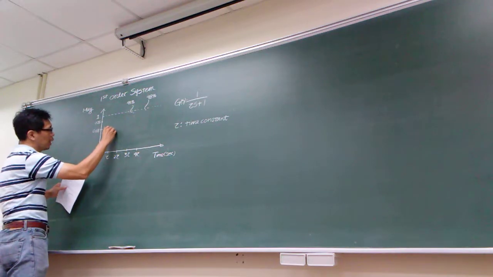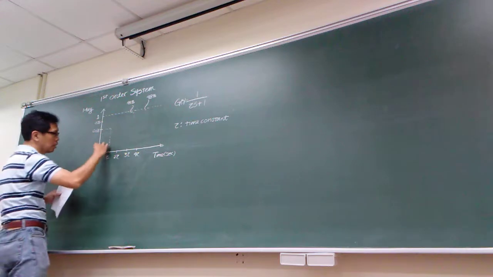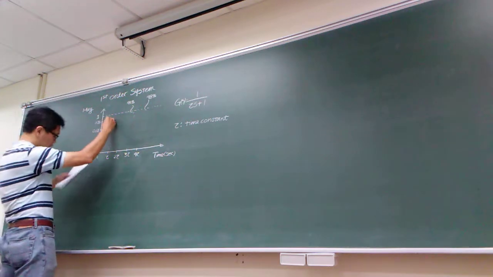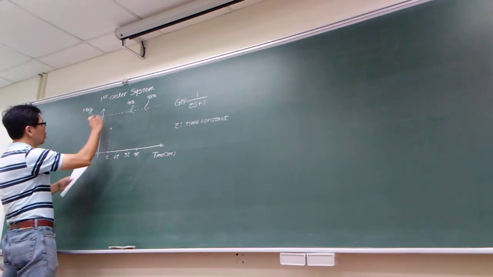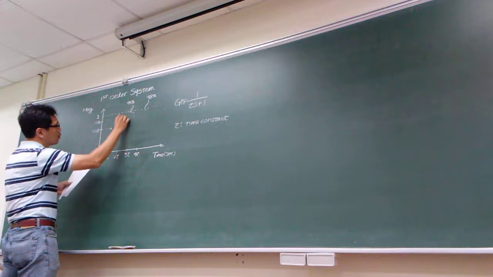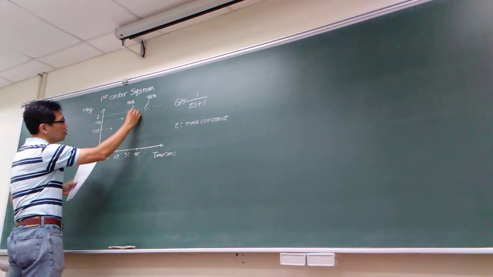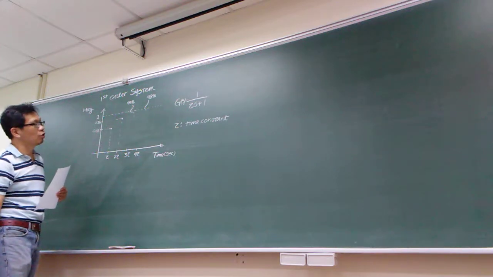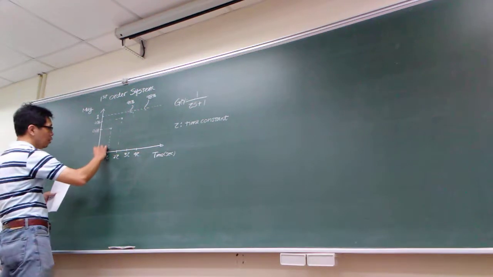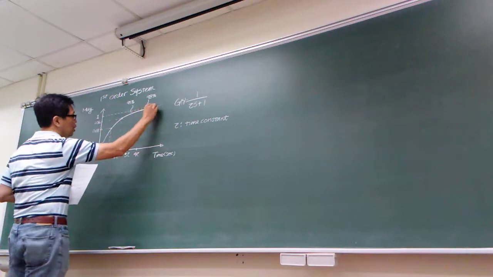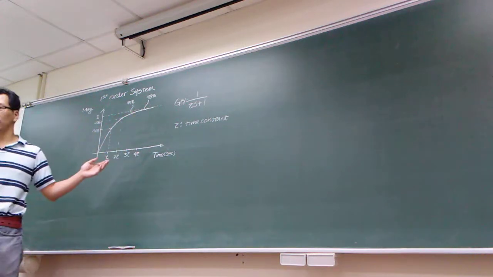If the time has passed for one time constant, it will go to 68%. For 2 tau, it's going to be around 86%. For 3 tau, it's going to be here, 95%. 4 tau is going to be 98%. So if we draw a curve over here, it's going to approximate in this way.